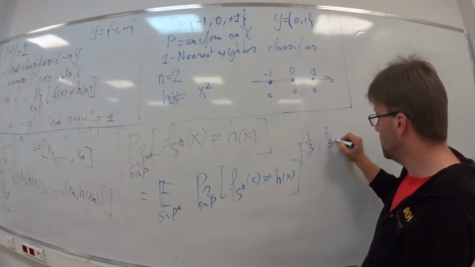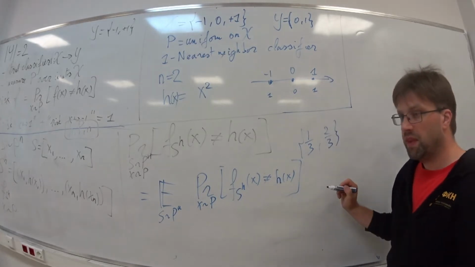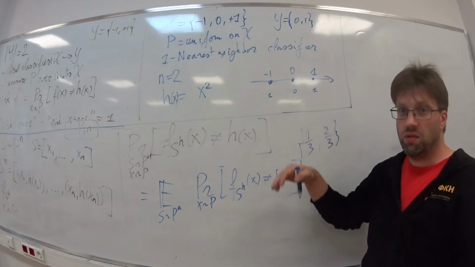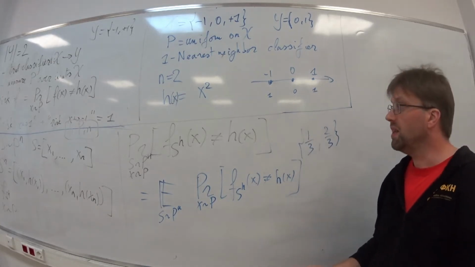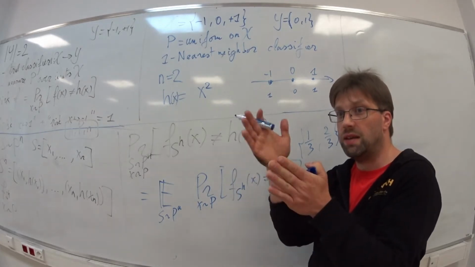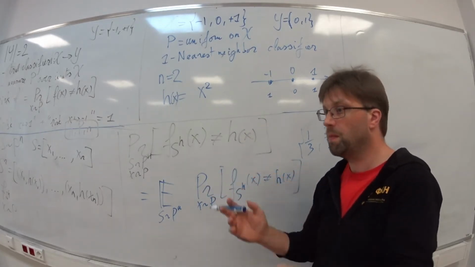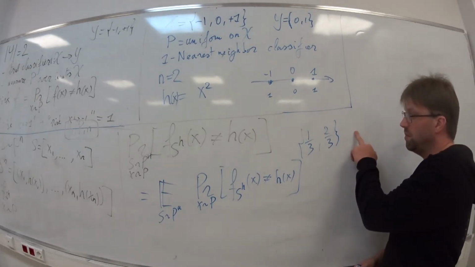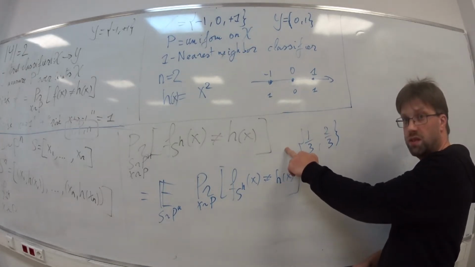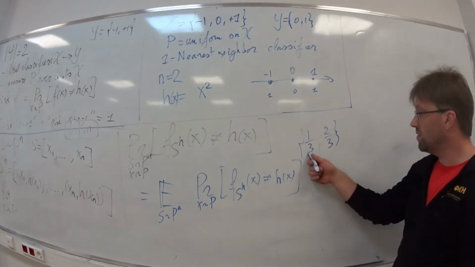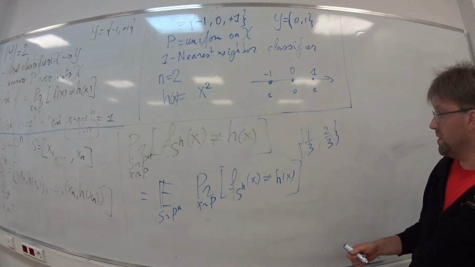Actually, it's always 1/3 or 2/3. It cannot happen that all three are wrong, because the training set always contains at least 1 point. The training set can have 2 times the same point. Risk 1 is not possible. Risk 0 is not possible. I just explained why. So that means one of these two must be the values.